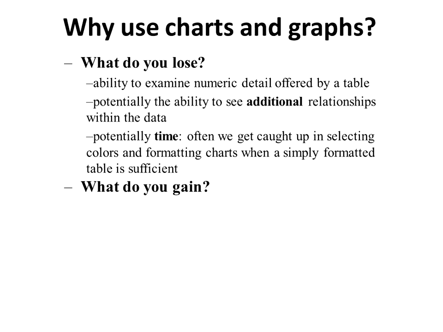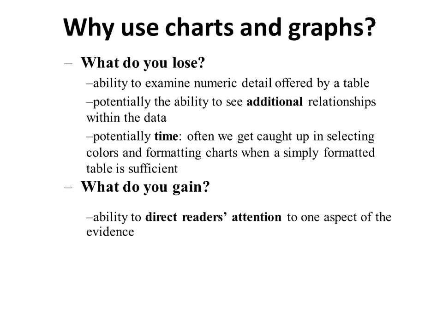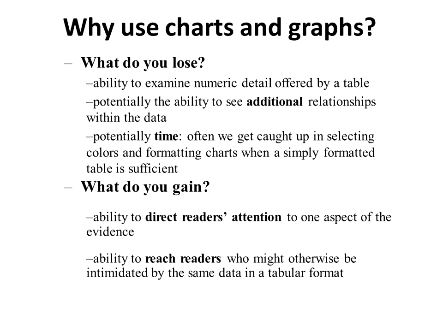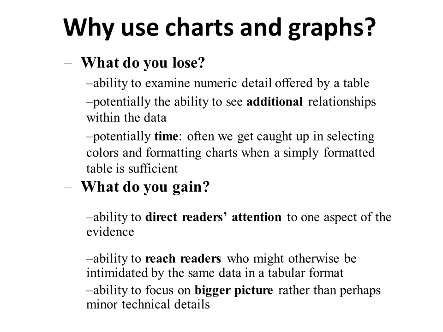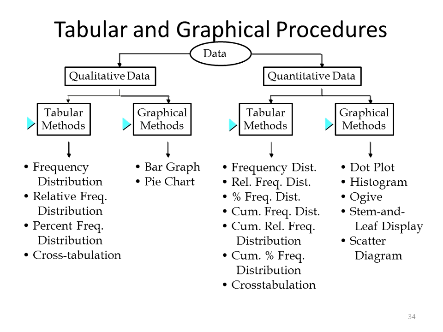And what do you gain? The ability to direct readers' attention to one aspect of the evidence, the ability to reach readers who might otherwise be intimidated by the same data in a tabular format, and the ability to focus on the bigger picture rather than perhaps minor technical details.